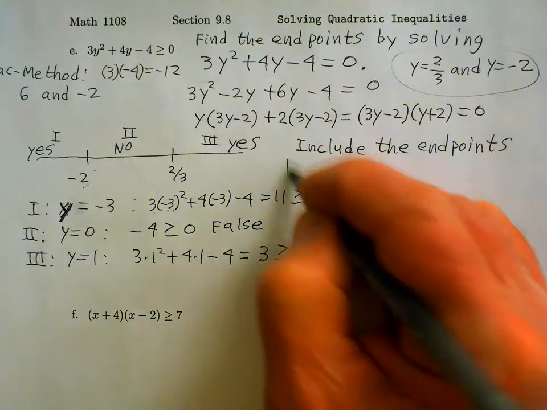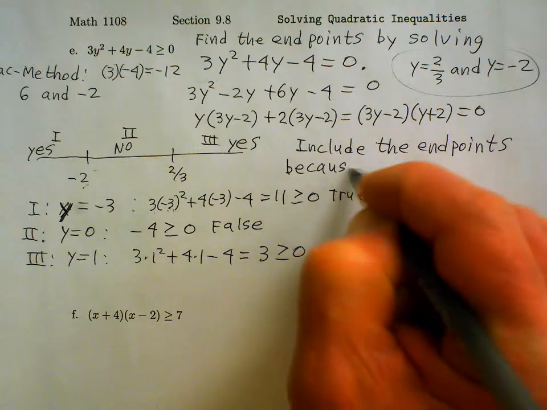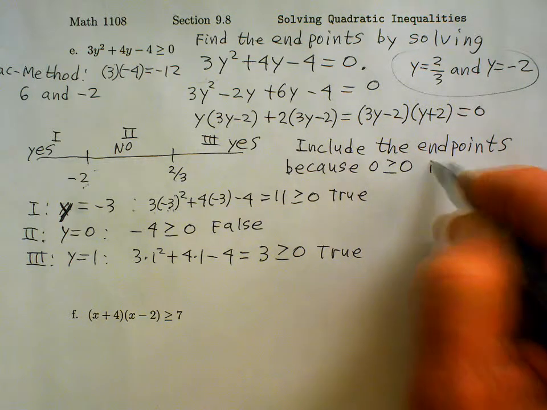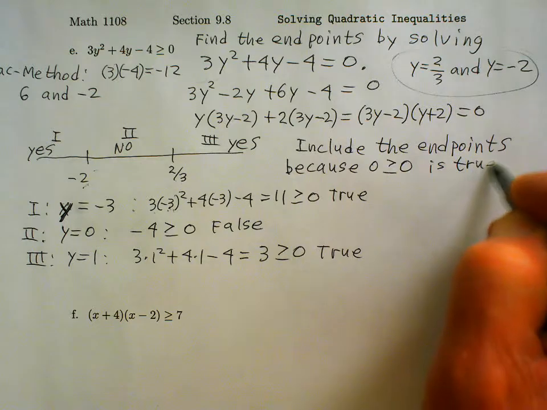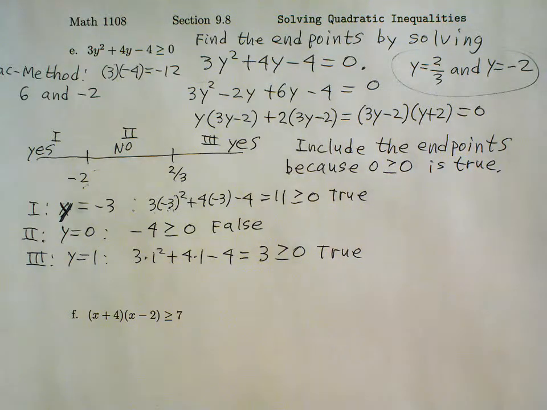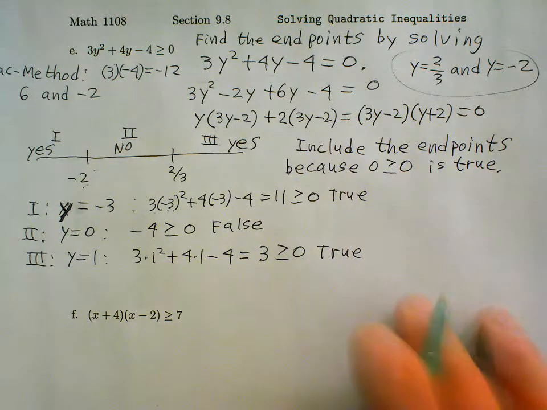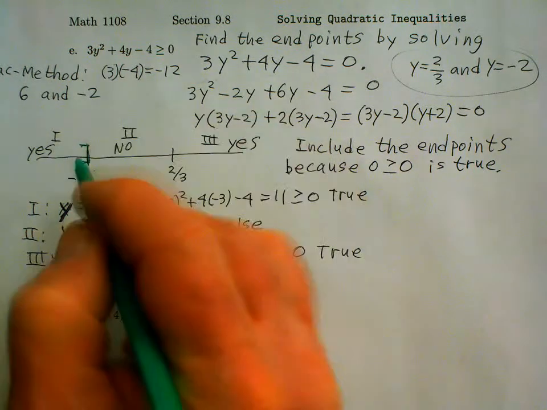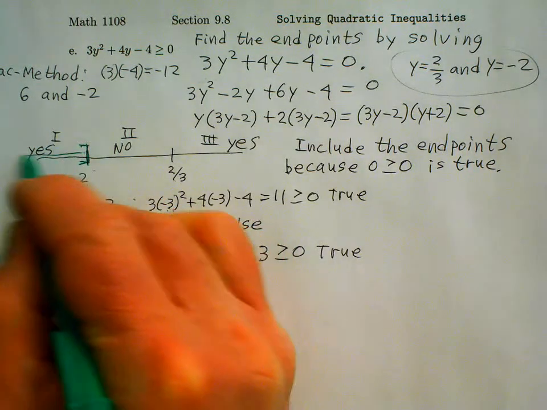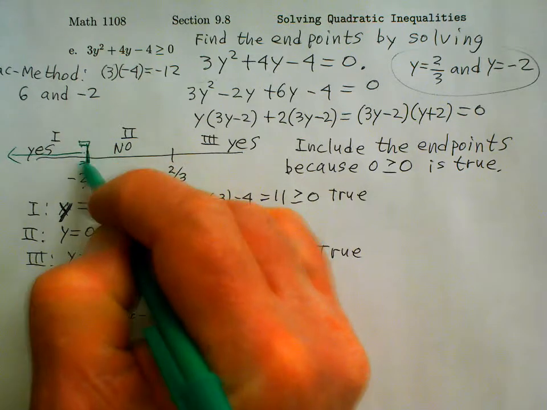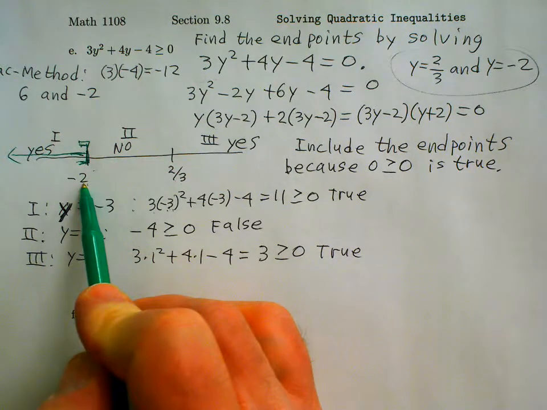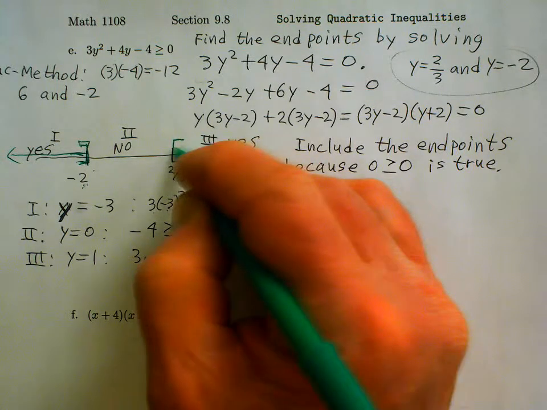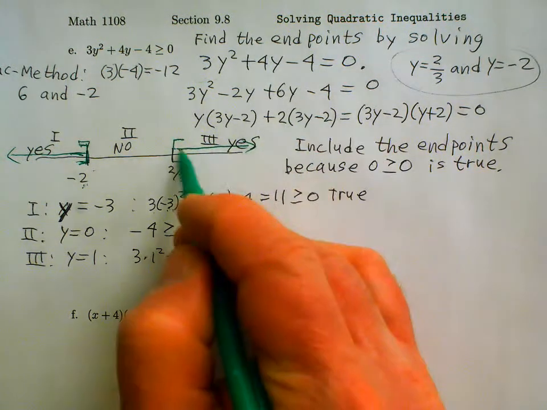And the reason is because 0 greater than or equal to 0 is true. So we put brackets at the endpoint, the interval to the left of -2 and the endpoint -2 combined with the endpoint 2/3 and the interval to the right of 2/3.